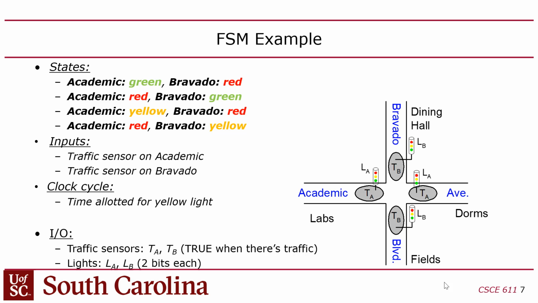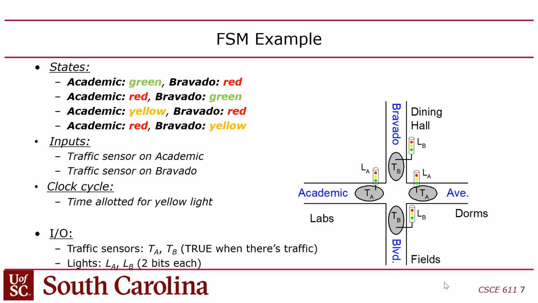And as I mentioned, for the inputs, there's a one-bit input for the traffic sensor on Academic, and a one-bit input for the traffic sensor on Bravado. And we're not specifying which side of the intersection. We're just saying, if there's any traffic waiting on Academic or Bravado. And then the clock cycle.